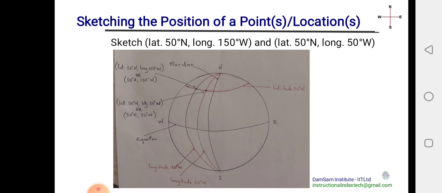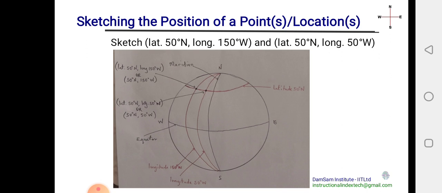The first point is latitude 50 degrees north, longitude 150 degrees west, and the second is latitude 50 degrees north, longitude 50 degrees west, because they both lie on latitude 50 degrees north. That is why it is just drawn once. So the 2 points are identified on latitude 50 degrees north, pointed at with an arrow, and rightly labeled there. So this is how we identify, draw and sketch the position of a point.